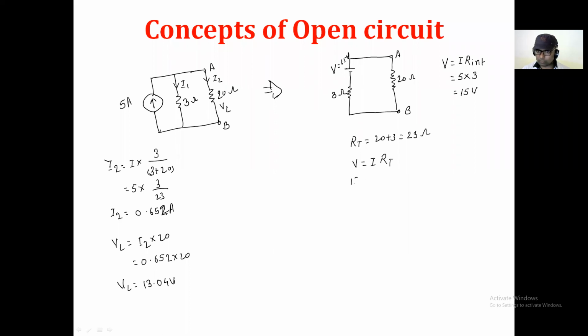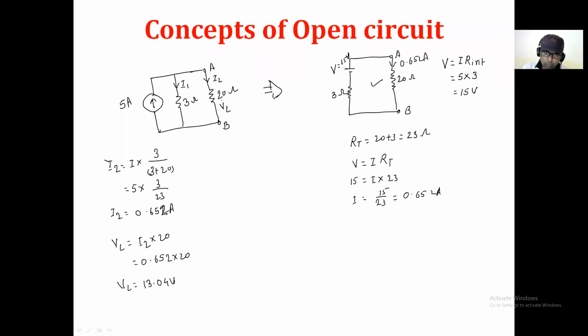Total voltage 15 is equal to I into 23, so I is equal to 15 divided by 23. Definitely the same answer comes, that is 0.652 ampere. So the current flowing through this 20 ohm resistance is 0.652 ampere in this case.